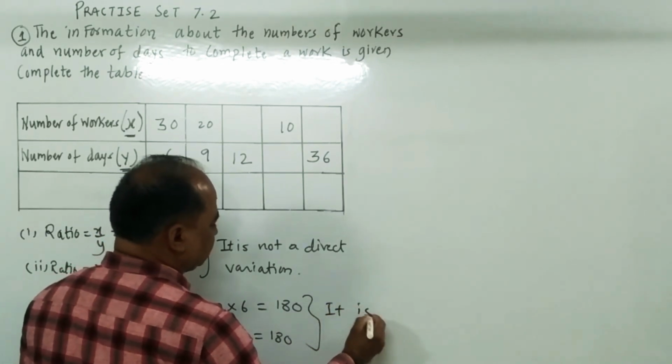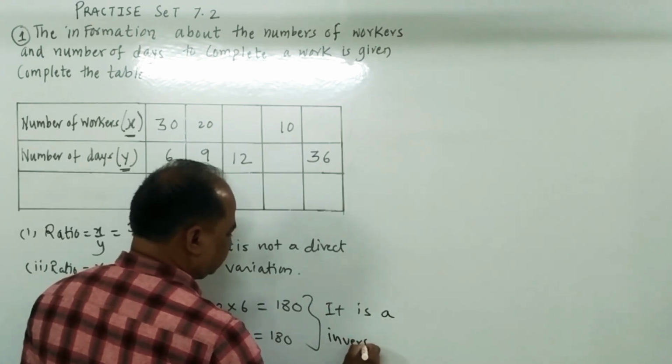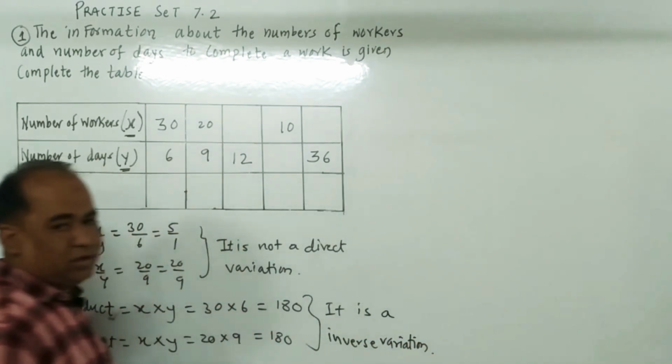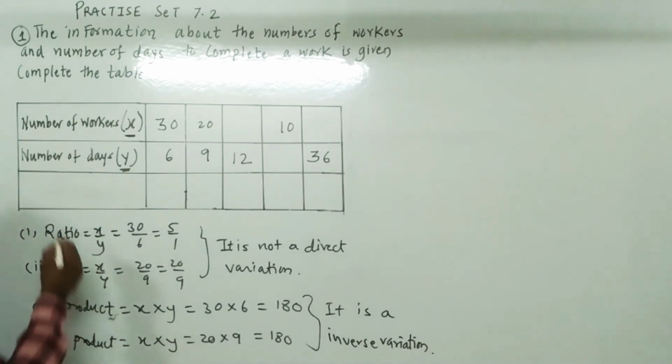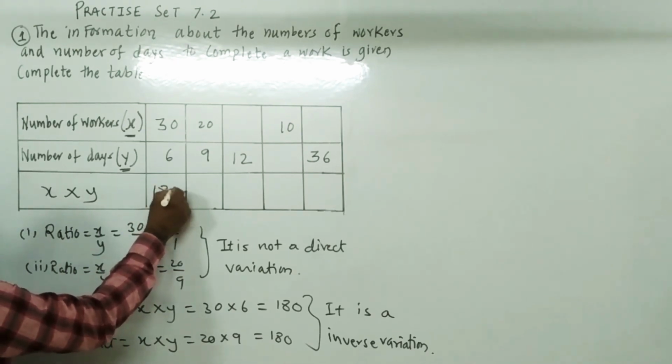So the given example is based on inverse variation. The constant product x into y is equal to 180.